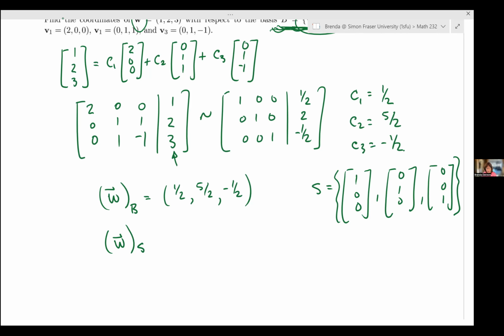We don't actually have to do everything in base 10. We can do it in a different base. It's the same thing. Okay, so I'm just going to call that S, and we already knew that that was 1, 2, 3. The important point here is that this is the same vector. It is just the coordinates are different because they are coordinates with respect to different bases.